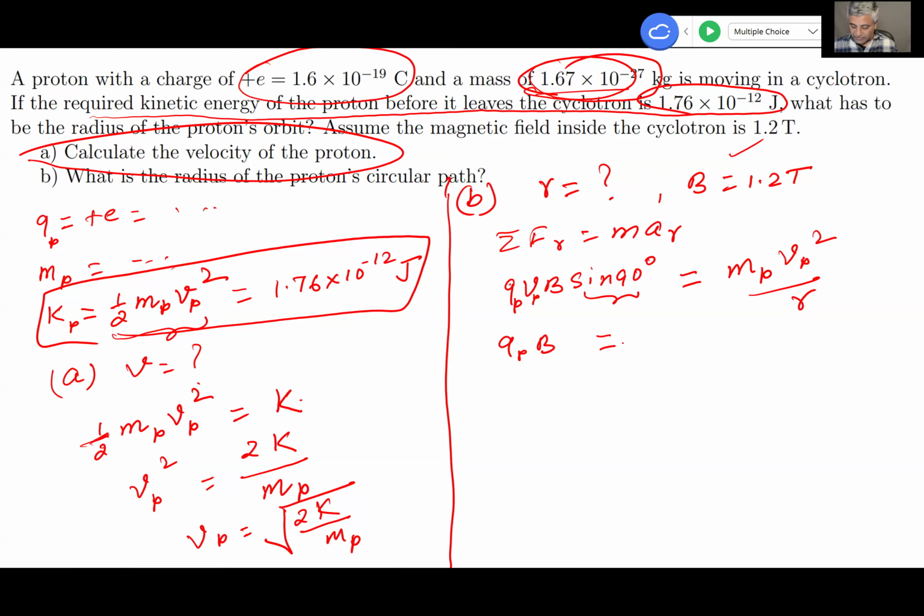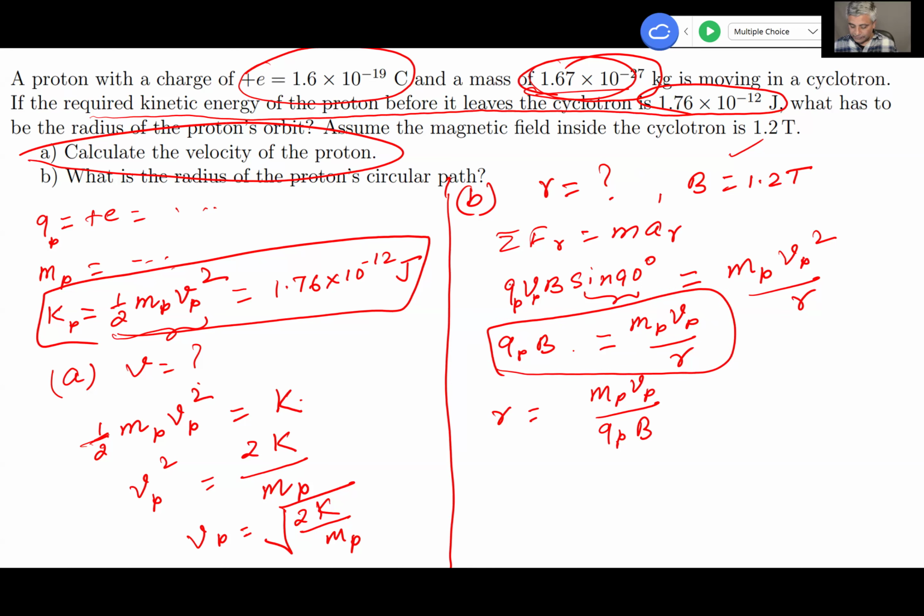So q and B, and this is mass times v of the proton over R. So R is m_p v_p over q_p B. Just rearranging this, solving for R, we get this. So you plug in these numbers and get the answer. Since you are putting everything in SI units, it should be in meters.